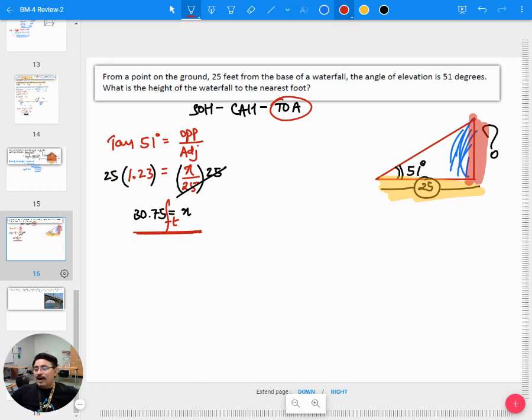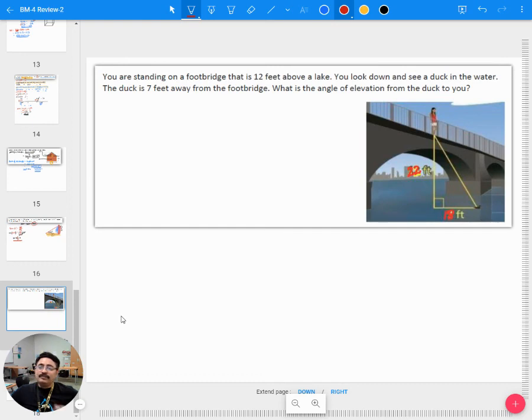Okay. Now, quickly to the last question for this session. You are standing on a footbridge that is, my apologies, 22 feet, typo error, 22 feet above a lake. You look down and see a duck in water, which is 18 feet away.